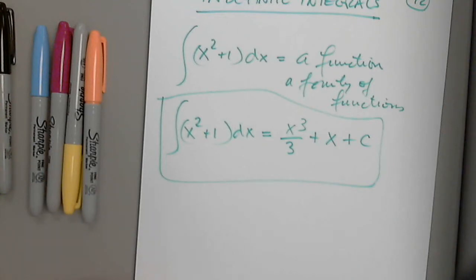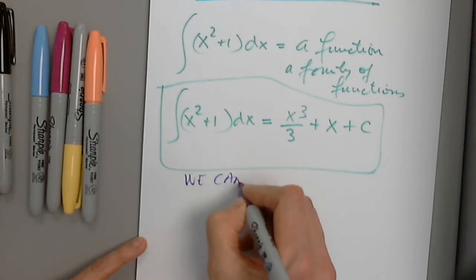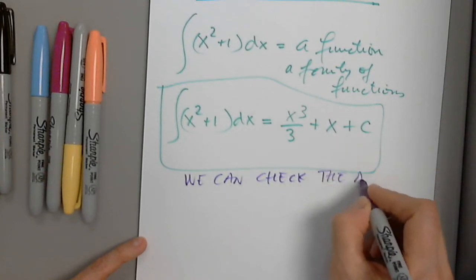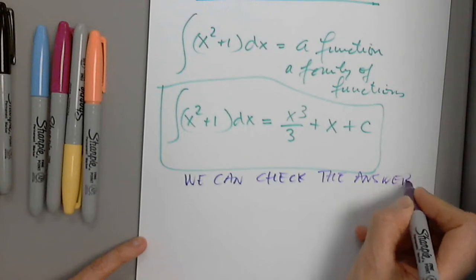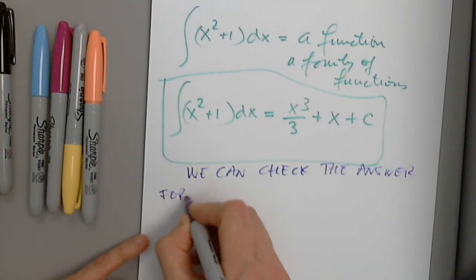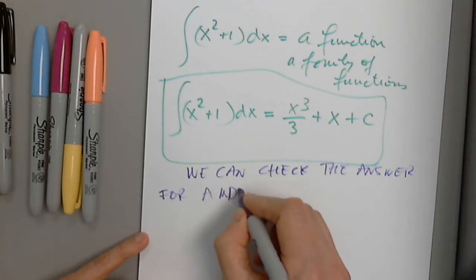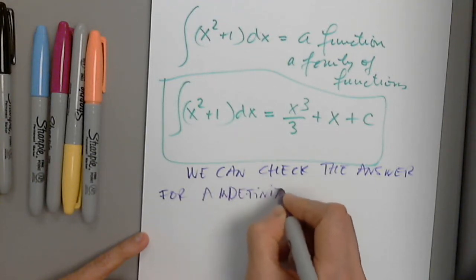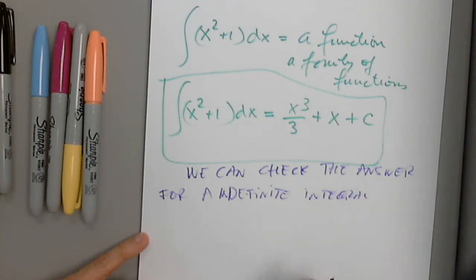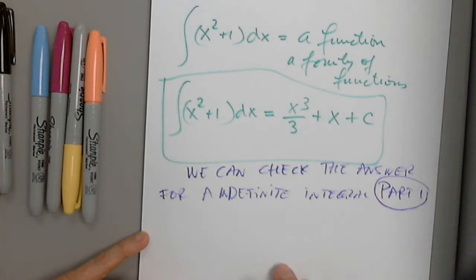This is the only type of integral that I can check. We can check the answer that we get for an indefinite integral. And this is part 1 of the fundamental theorem of calculus.